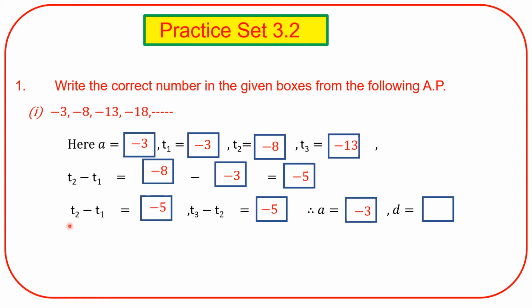D means common difference, that is the difference between two consecutive terms, T2 minus T1, T3 minus T2, which is constant, that is -5. Therefore, D is equal to -5. Complete question number 1 from practice set 3.2. Also write down this question.